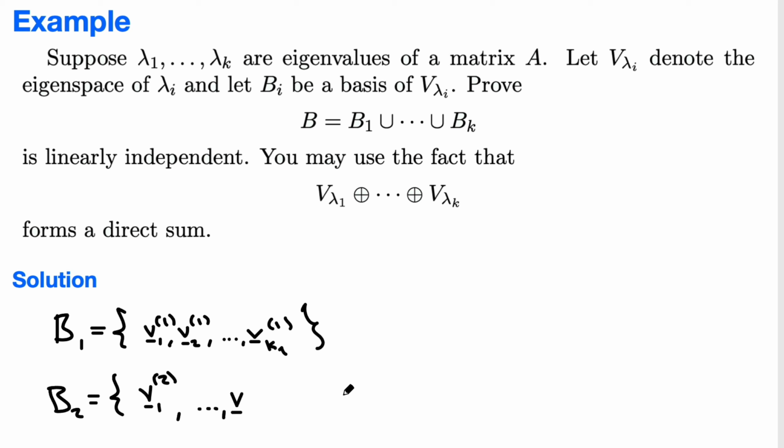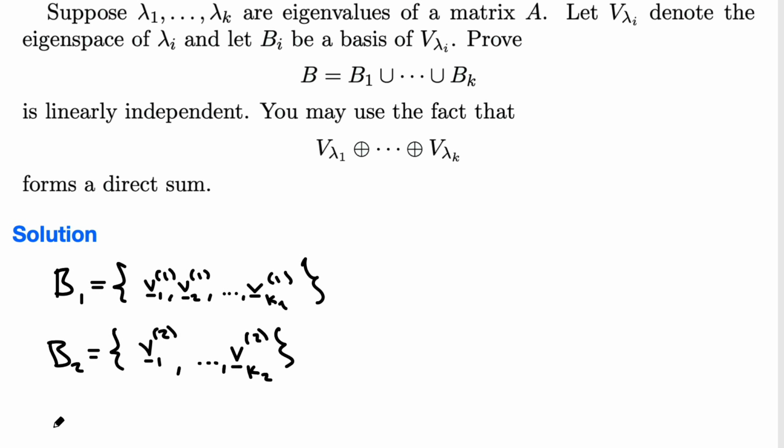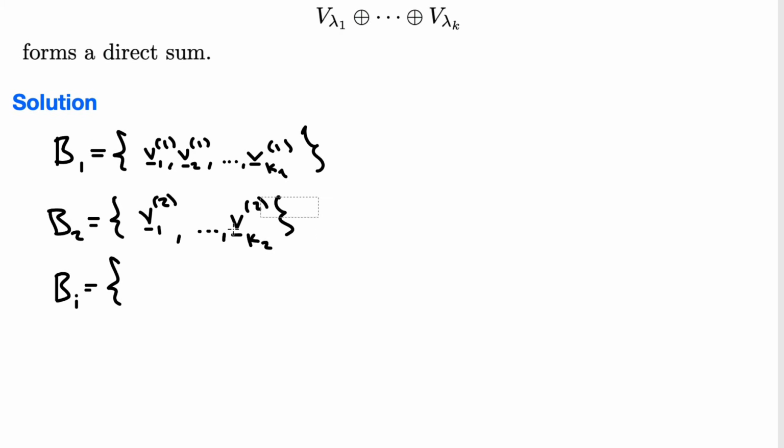And here, see, we don't know how many elements are in B2. And I can't write k for this and this because there might be a different amount of elements. So I'll just write k2. Up here, I'll write a 2. And more generally, Bi will be of the following form.